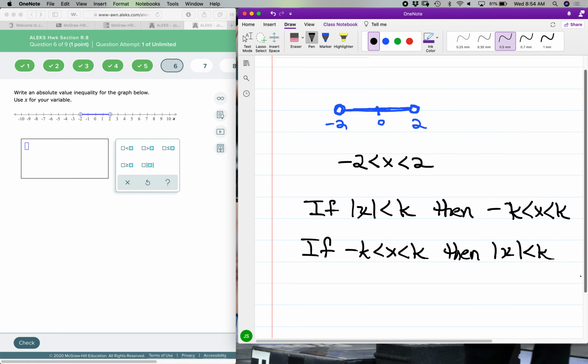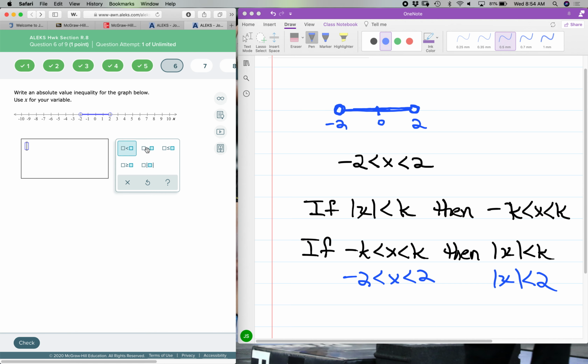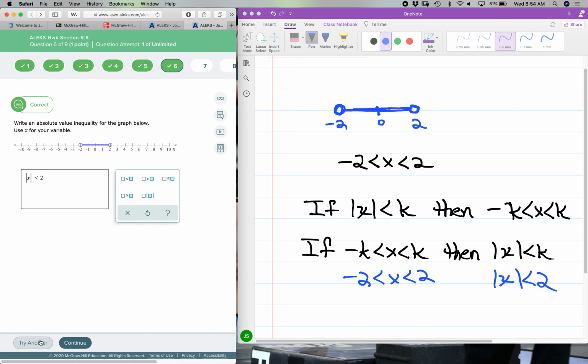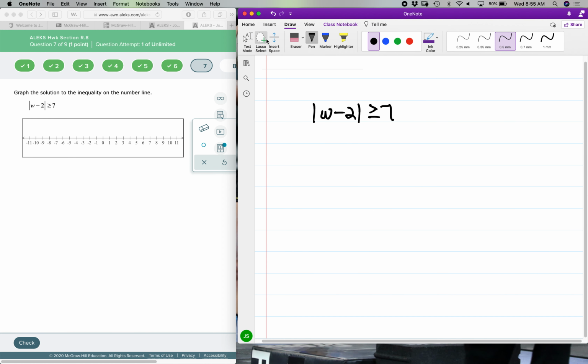All right. So just what we have on a parallel. So you have negative 2 is less than x is less than 2. So for your absolute value inequality, you have that the absolute value of x is less than 2. And checking the result, that is correct.